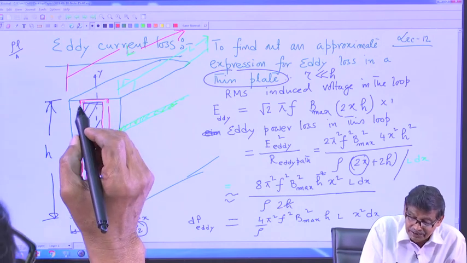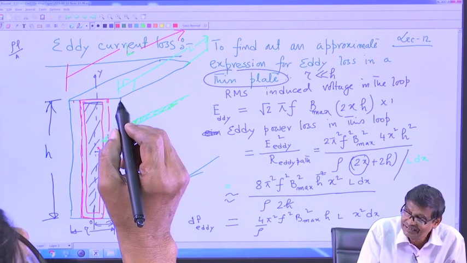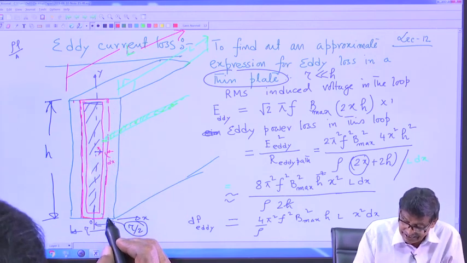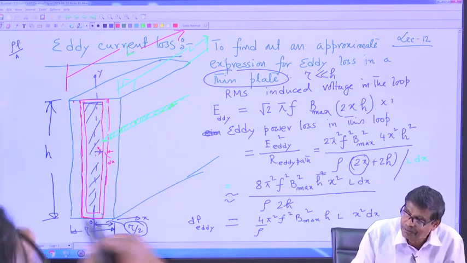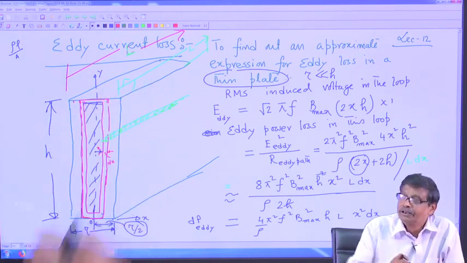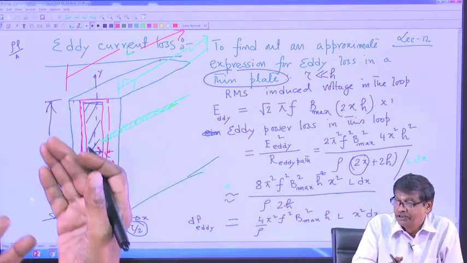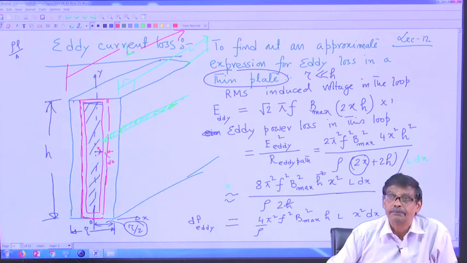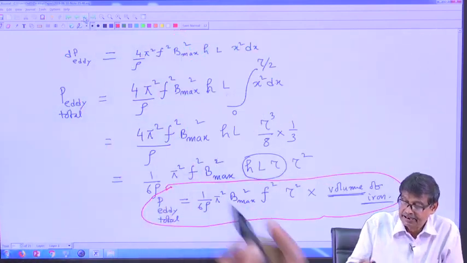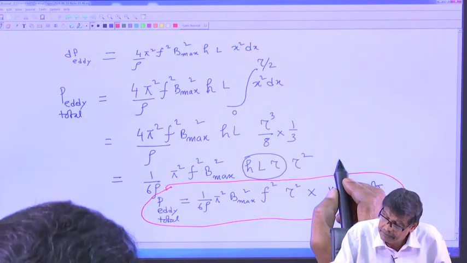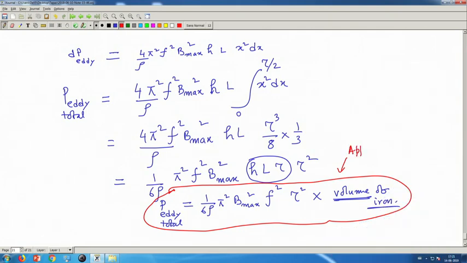You will consider it like this. This power loss here, and once again this power loss, but that portion is always small, because tau is far less than h. Therefore, this is a very handy approximate expression, mind you, approximate, it will serve my purpose.